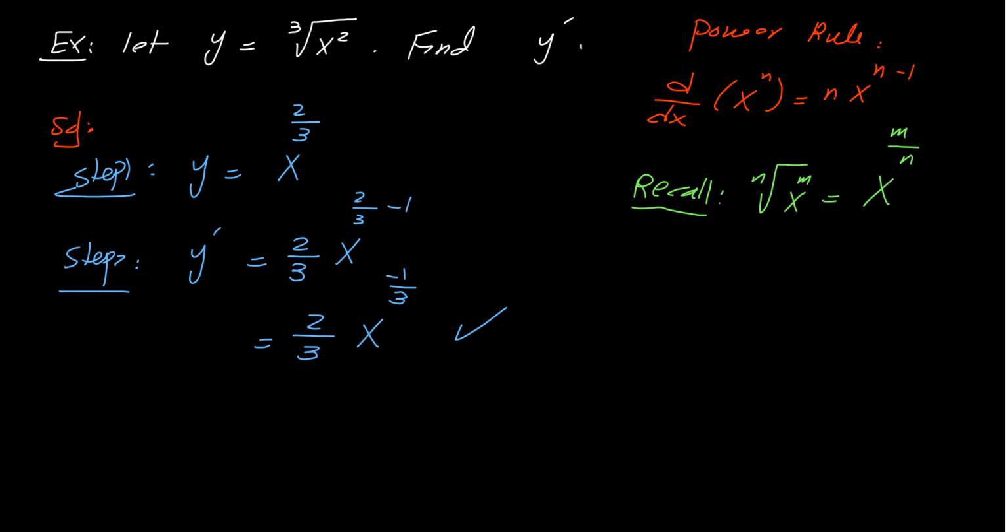This is a good answer. Also, we can write it as 2 over 3 x to the power negative 1/3, or we write it as 2 over 3 times the third root of x.